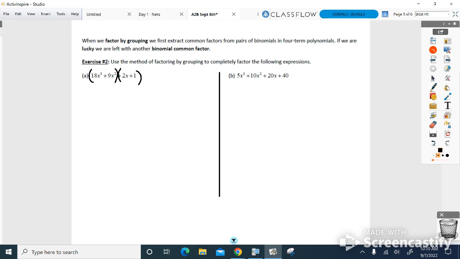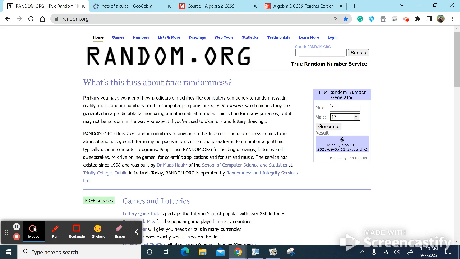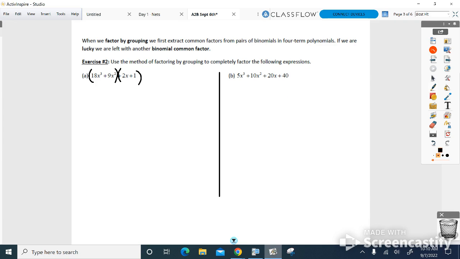Next, you take a GCF out of the first one. So 18x to the third plus 9x squared. What's the biggest GCF I can take out of that? Let's start us off right. 4. Great job. Good start. I'm going to take out a 9x squared from the first grouping, just like we did yesterday.